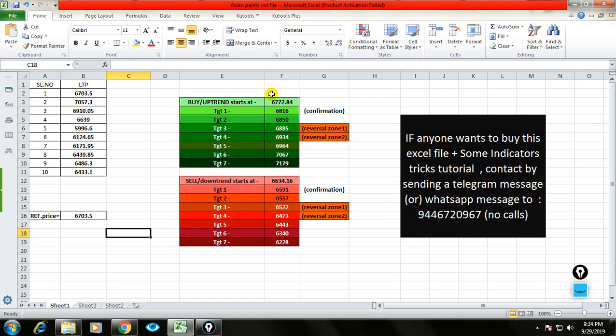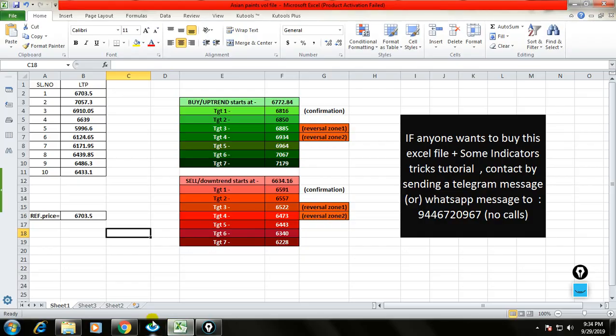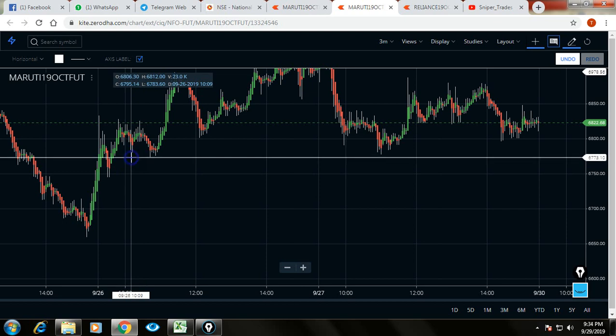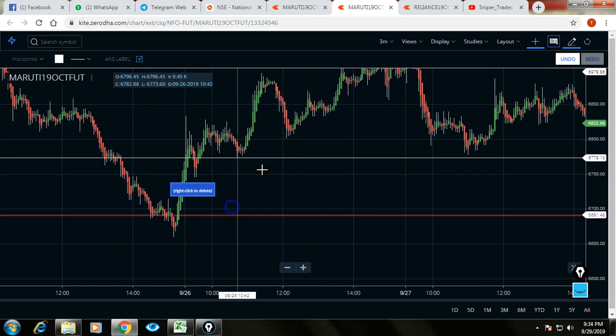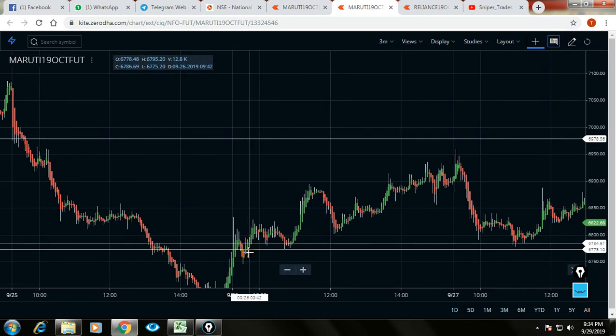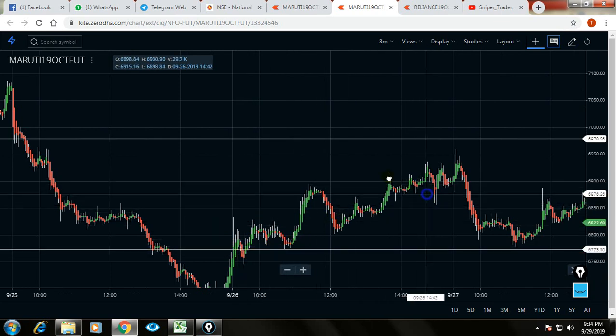So let's mark the uptrend levels, 6772.84. Okay, around here, as we can see, upon reaching the uptrend levels in 26th September, the price has moved upwards so much.